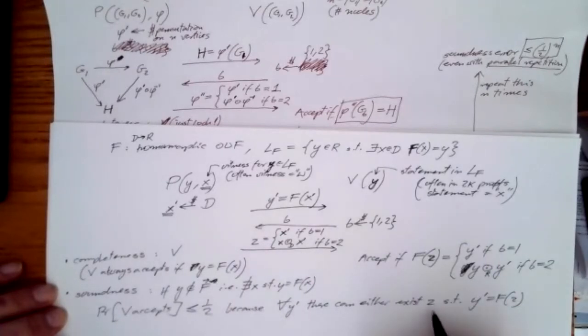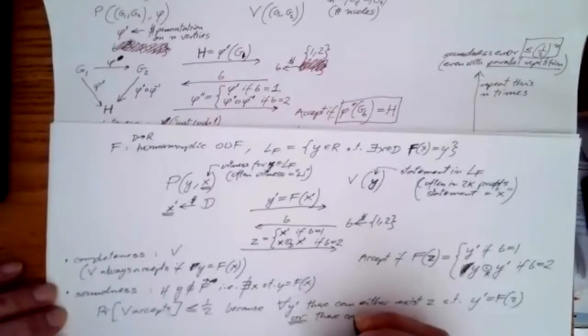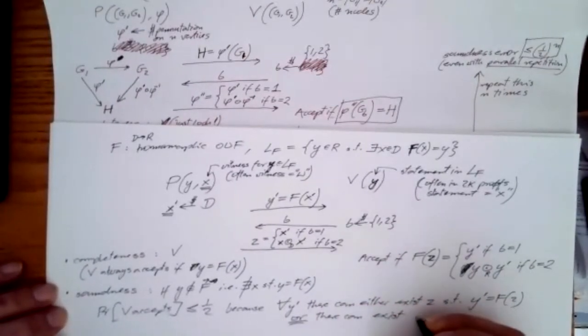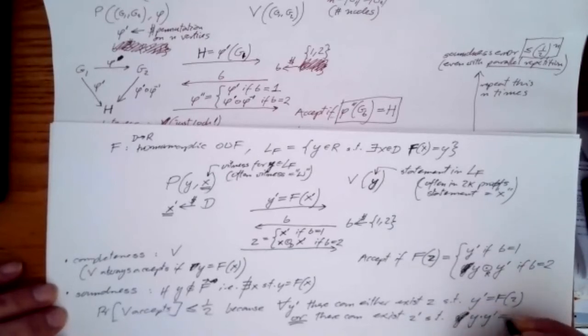So there can exist a z such that y prime is f of z, or there can exist, let's call it z prime, such that y times y prime is f of z prime.